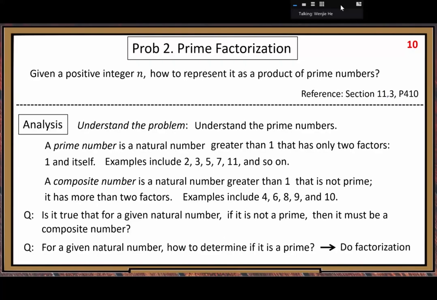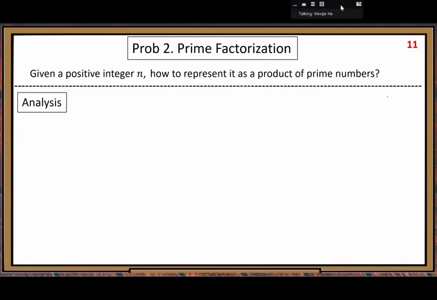We do factorization. All right. How to do factorization? Basic operation. Because I use this example to explain some important points of problem solving.